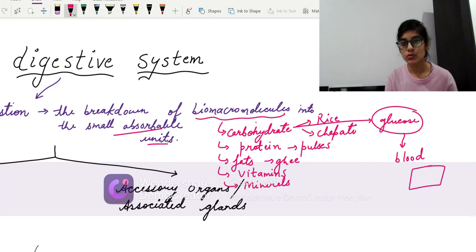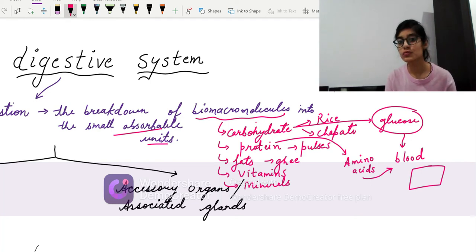Clear? So similarly there are proteins. When we eat pulses, in our stomach these proteins are broken down into amino acids. These amino acids can be absorbed into blood, whereas proteins cannot be absorbed into blood.